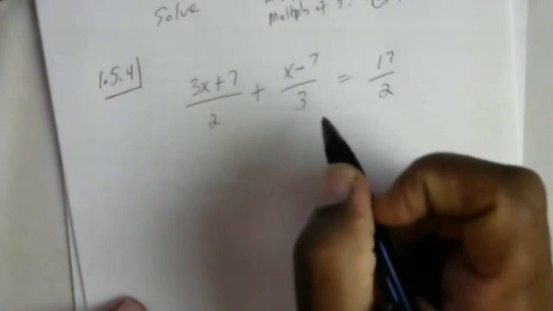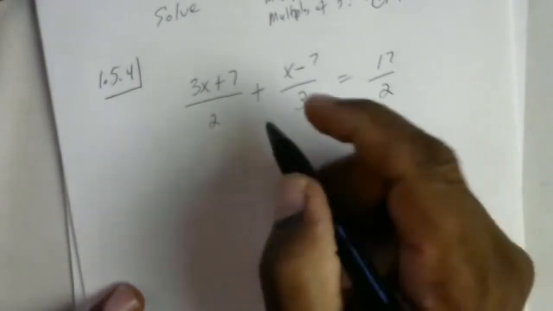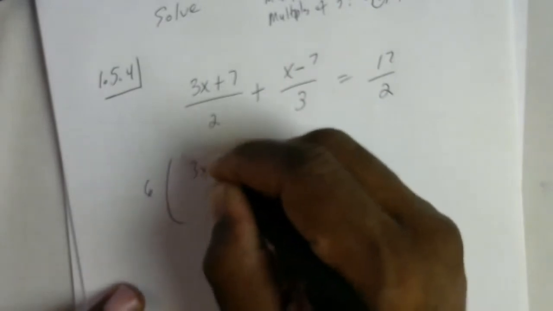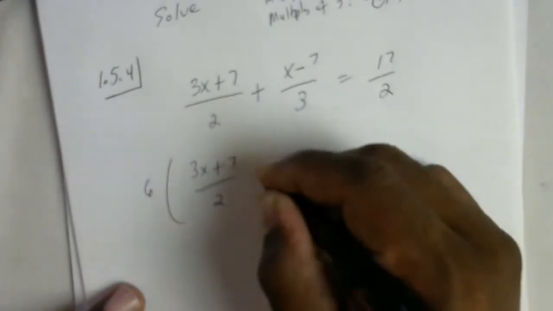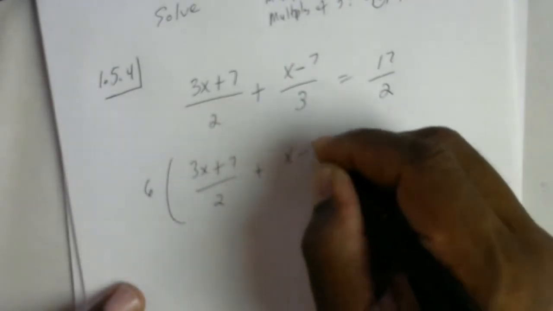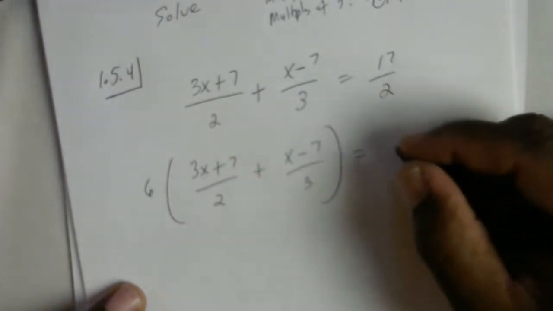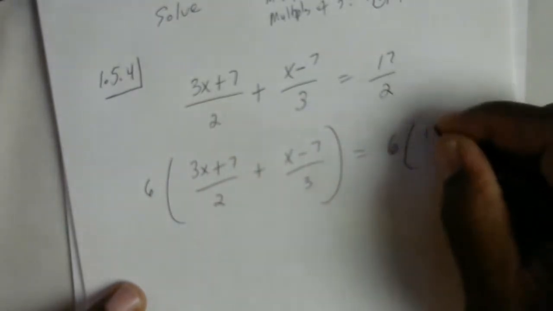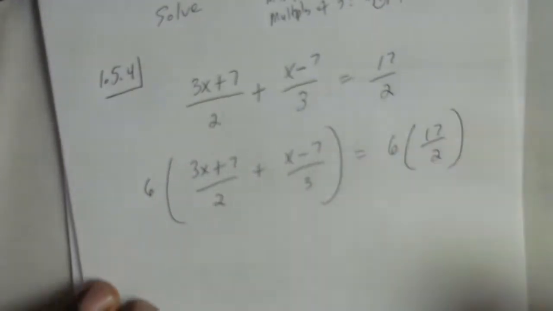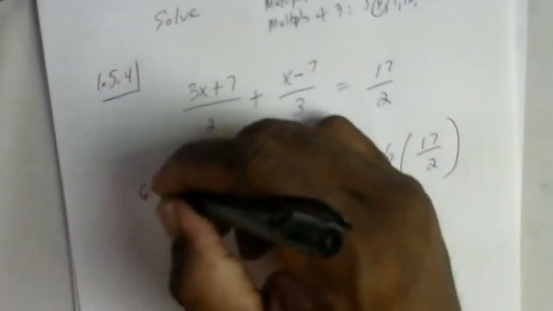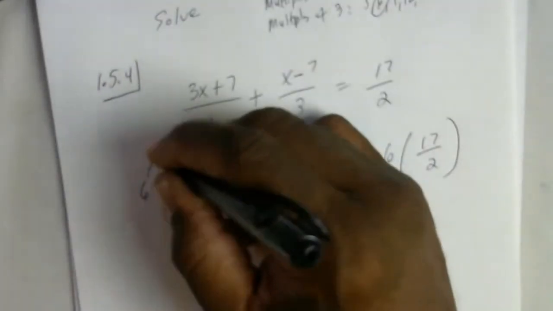I'm going to multiply my left hand side by 6. And my right hand side by 6. All right, so on the left hand side, I'm going to distribute 6.